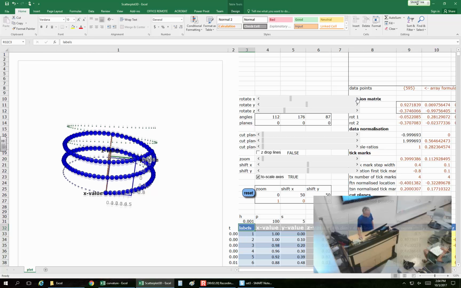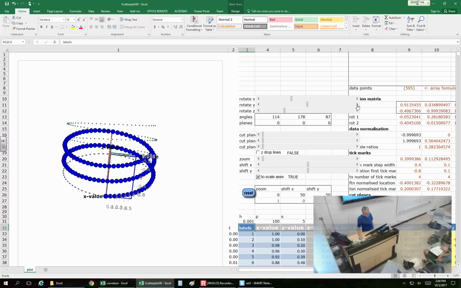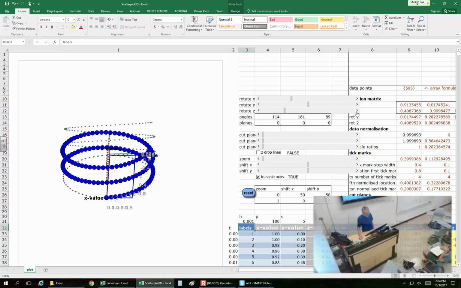As you can see, you can turn it. So that's just an idea of what the helix is supposed to look like.